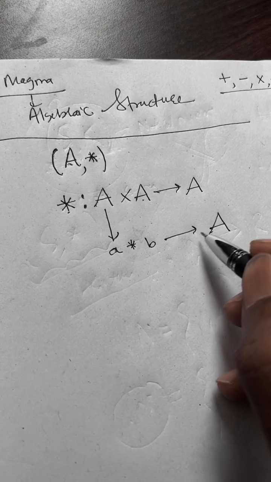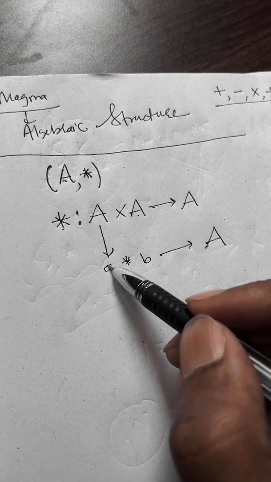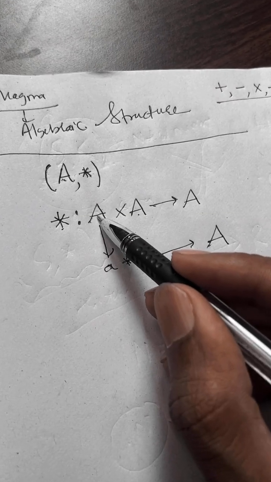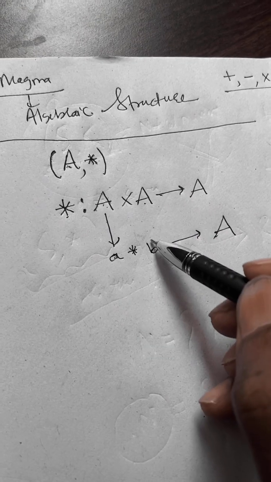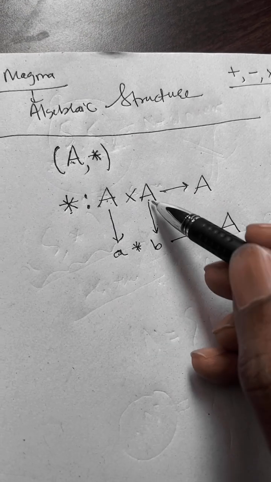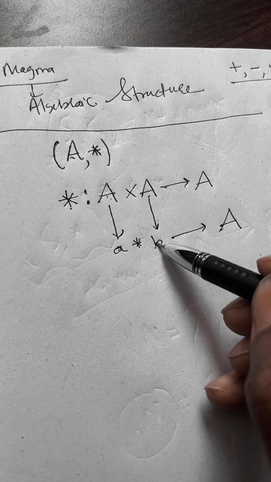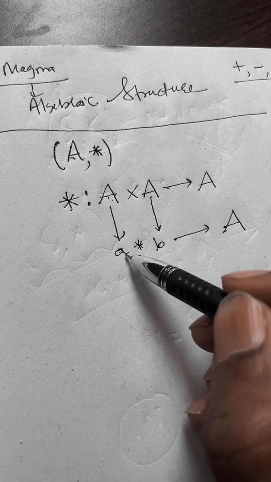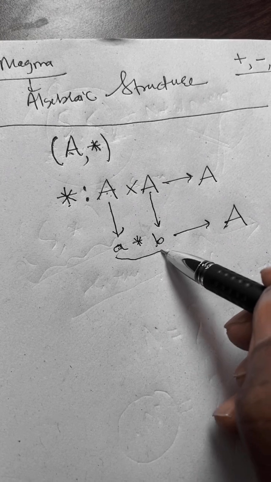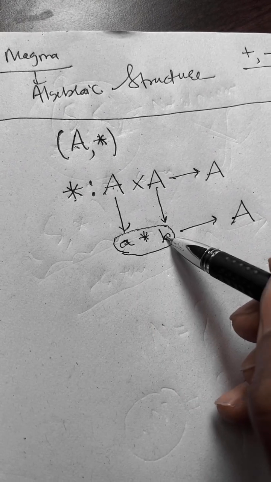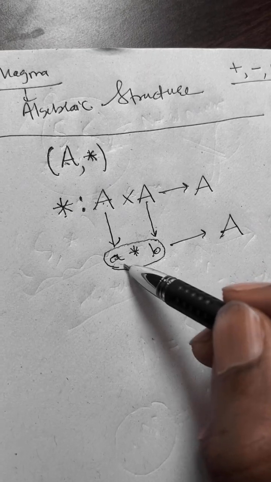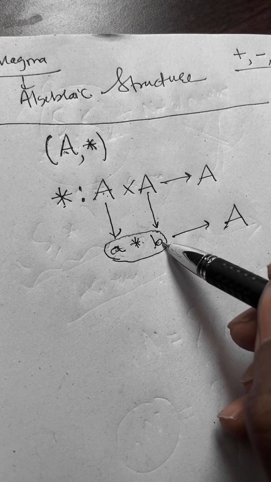It means a is in the set A. That is why we can take this element from the set A. b is already in A, so we are taking this b from the set A. Now we are doing some kind of operation between a and b, and we ask what is the result of a star b.